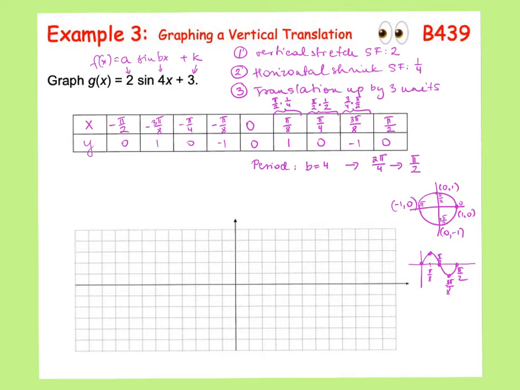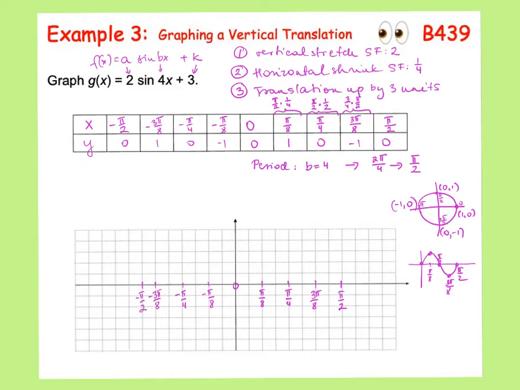We start at pi over 8, and then we go pi over 4, then 3 pi over 8, and then we have pi over 2. I chose 2 squares again to be the first increment of the graph because it just makes it easier to graph that way. So negative pi over 8, negative pi over 4, negative 3 pi over 8, and negative pi over 2.